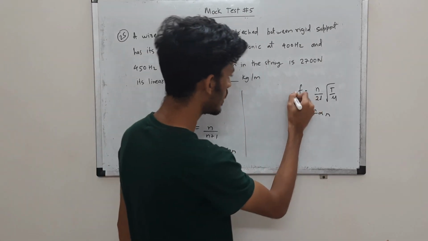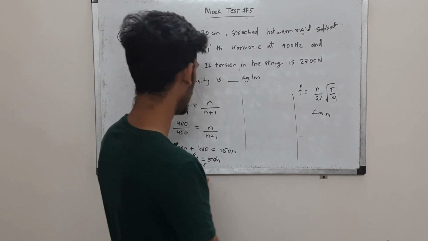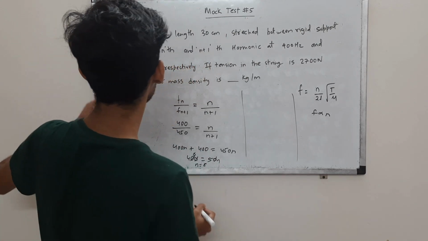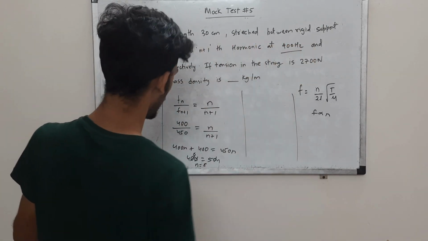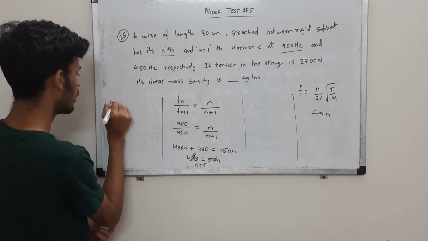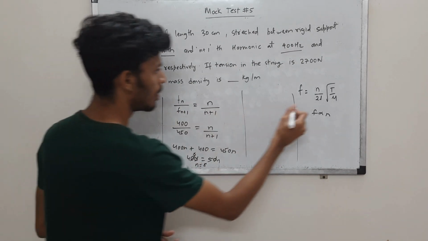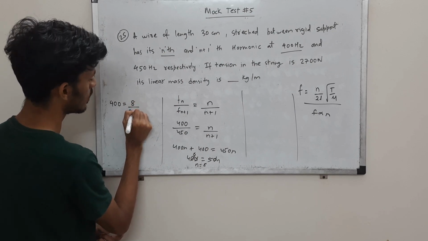But we are supposed to find mu. How will we find that? We can use any one of these. We can use the 8th harmonic, which we know is 400, because n is equal to 8. So the frequency we can use as 400. I'm using this formula, n will be 8.